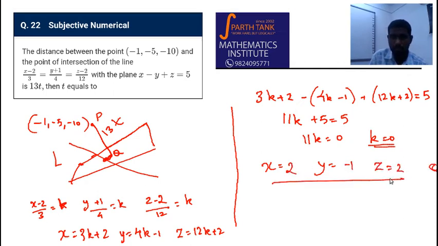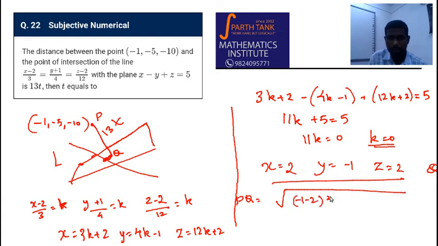So this is Q. The distance PQ is going to be the square root of minus 1 minus 2 the whole square, plus minus 5 plus 1 the whole square, plus minus 10 minus 2 the whole square.